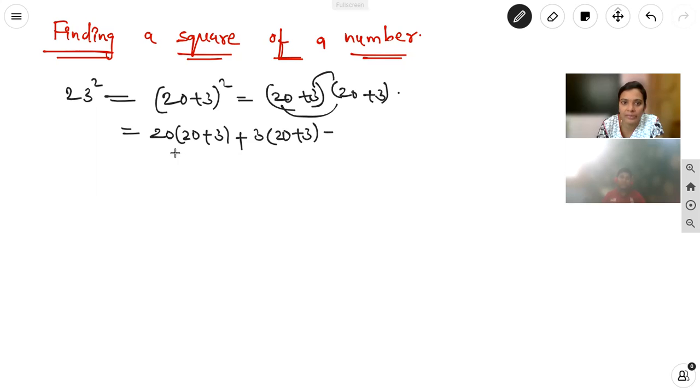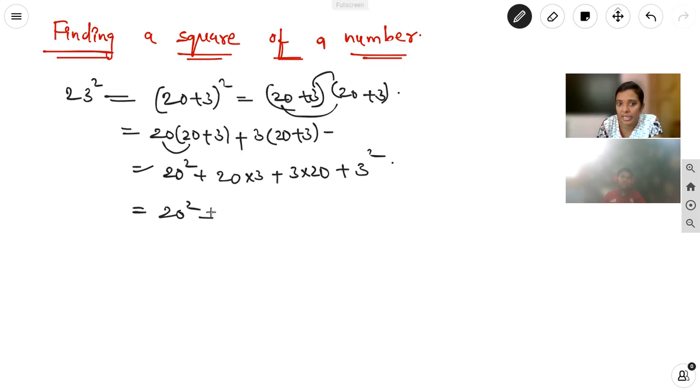Again distributing: 20 square plus 20 into 3 plus 3 into 20 plus 3 square. The 3 into 20 comes 2 times, so this is equal to 20 square plus 2 into 20 into 3 plus 3 square.